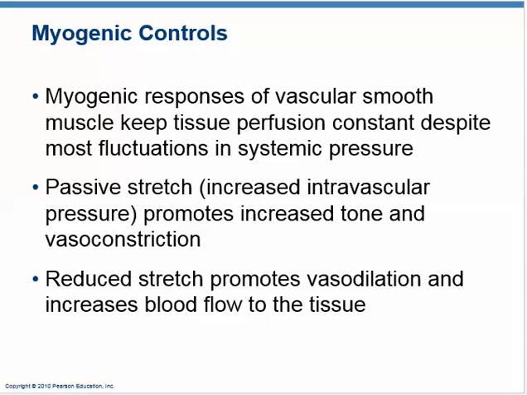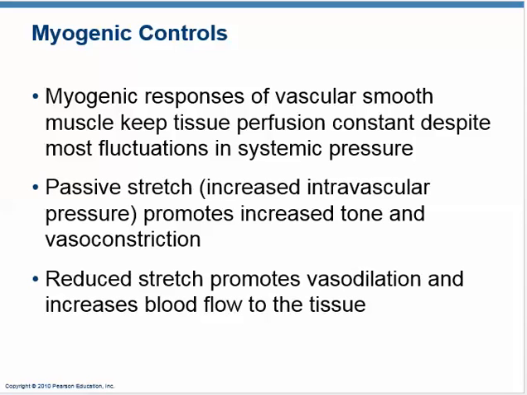So what happens is if blood pressure goes up suddenly, then the stretching of the arterioles, because of that increased blood pressure, causes the muscular walls of that arteriole to contract, causing vasoconstriction, to actually lower the pressure there. And what it does is it smooths out the bumps.